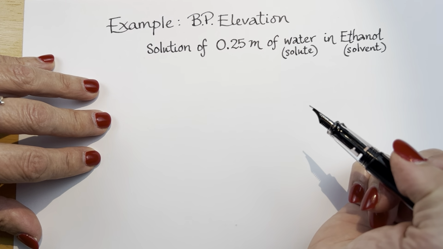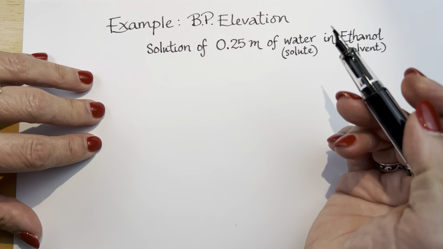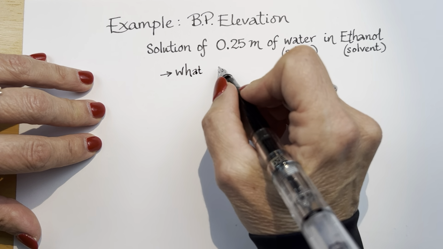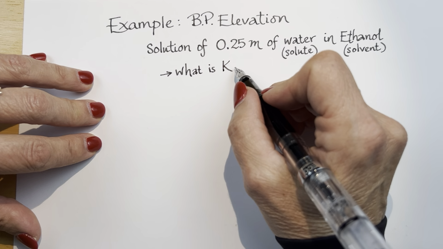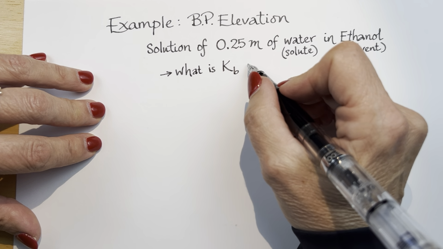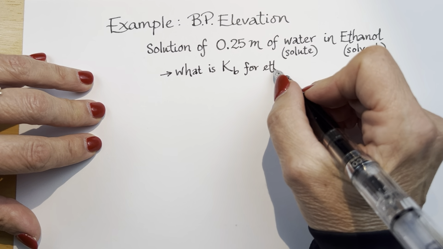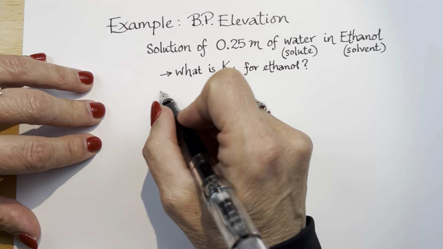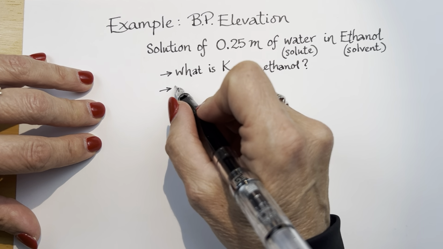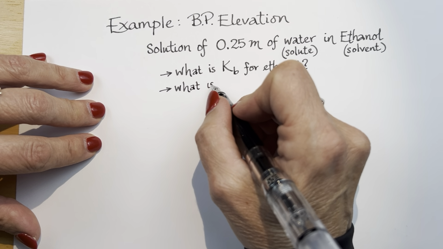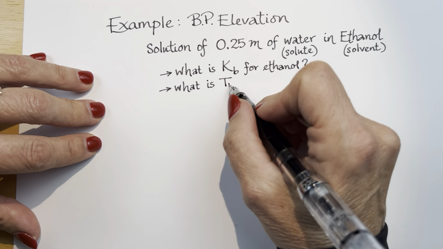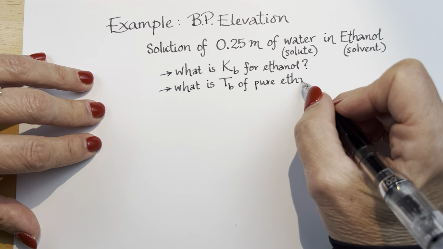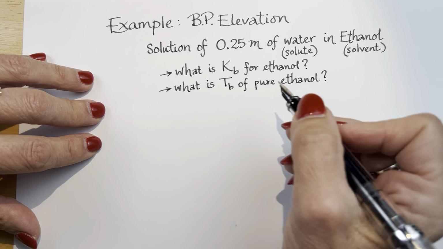And we want to consider each one of the following questions. One is, what is the boiling point elevation constant for ethanol? And then let's also ask, what is the boiling point of pure ethanol? Make sure these two questions are clear.